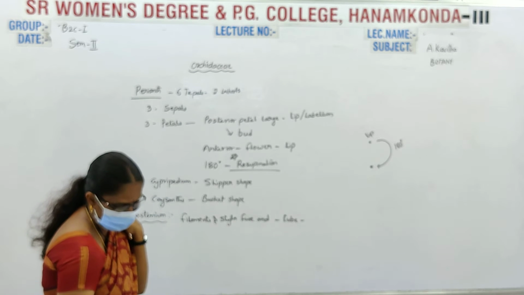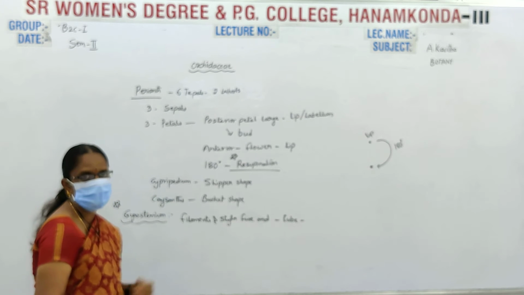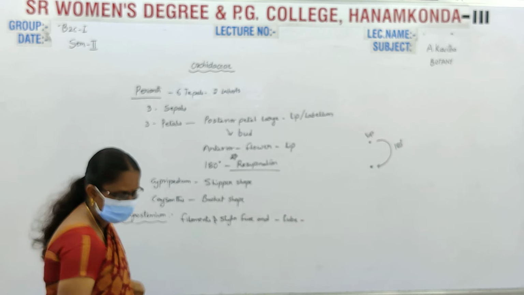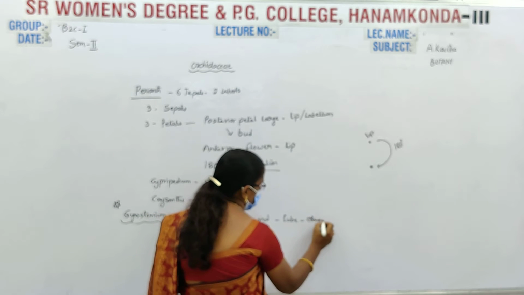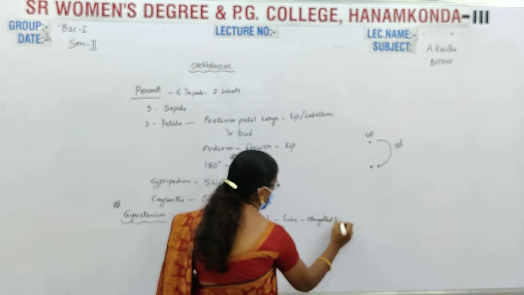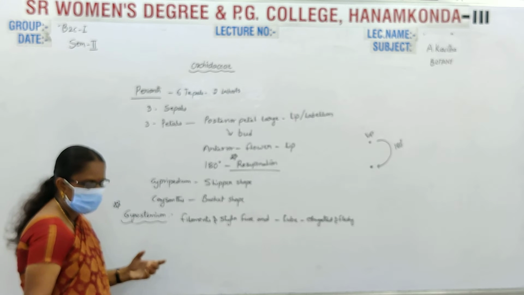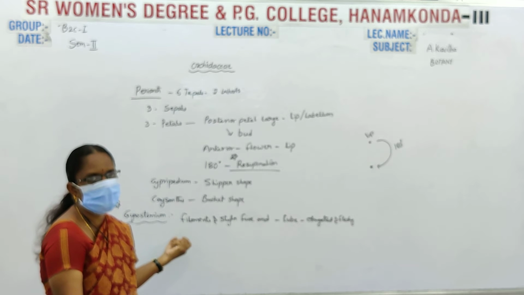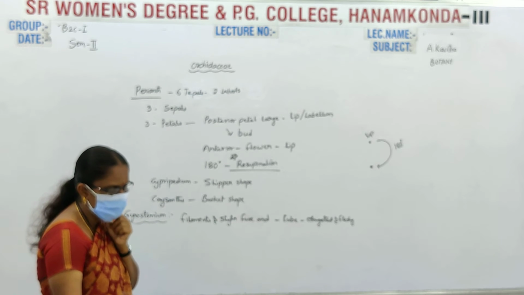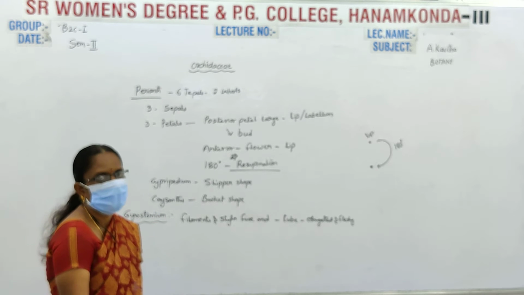Normally this tube-like structure is elongated and fleshy, and it is present above the ovary, and this is called as gynostomium.